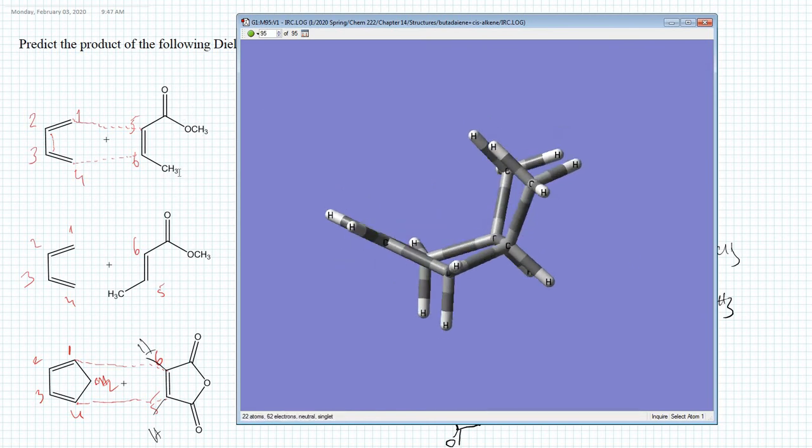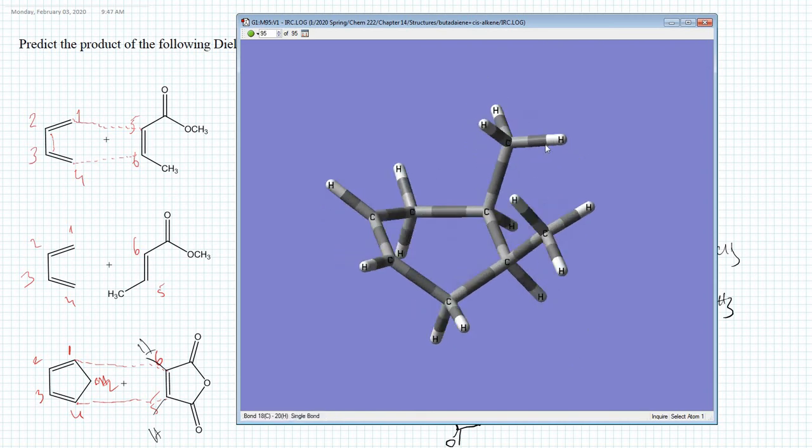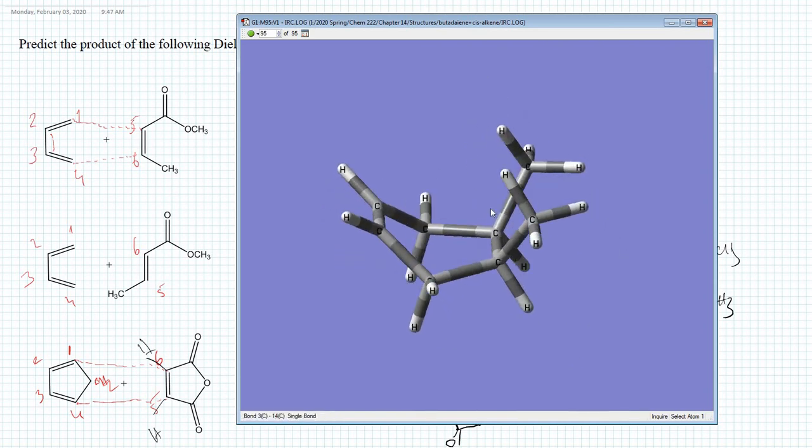Here we have ester and methyl, but I put methyl, methyl. So this is the cis product. These two groups, ester and methyl, or here methyl, methyl, should be on the same side. Why? Because we started with the cis alkene, or cis dienophile.